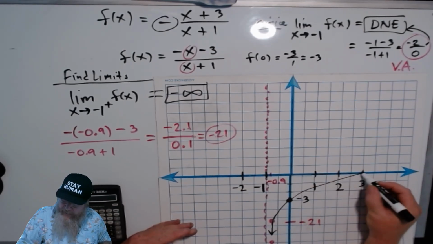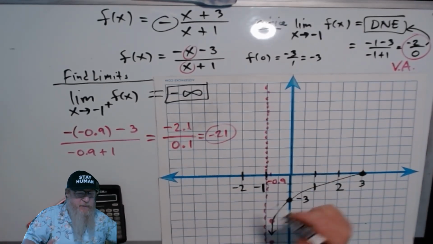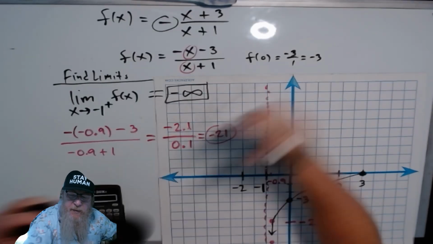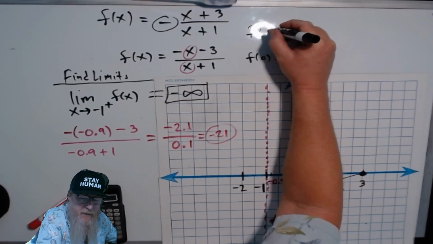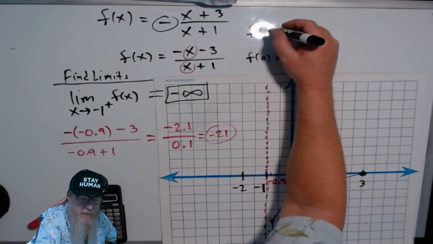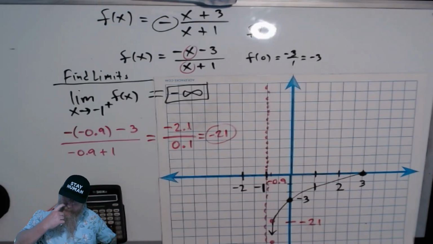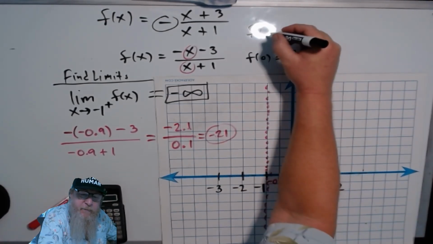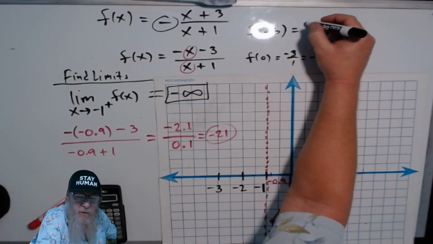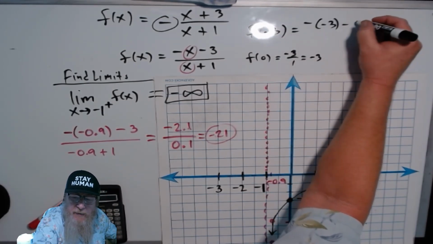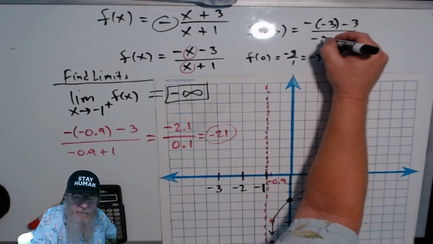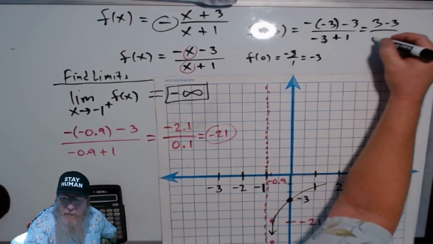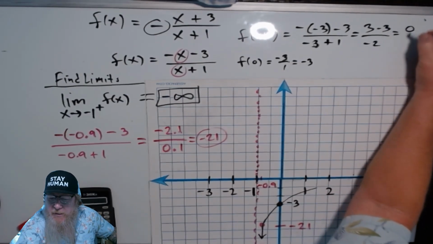If you plug in negative 3, so these are points that are actually in the domain, you get 3 minus 3 over negative 2, which is 0 over negative 2.